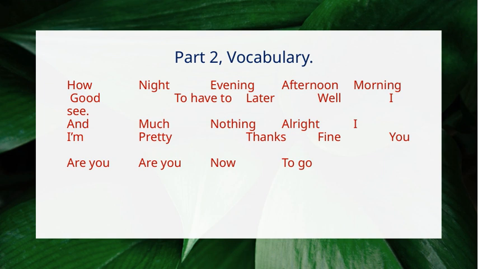Knowing how to use these correctly is crucial for clear communication. You'll also notice phrases like I'm, pretty, thanks, fine, and are you, which are often used in everyday exchanges. For instance, "I'm pretty good" or "thanks, and you?" Finally, there's now and to go, which relate to time and movement, helping us talk about current situations or plans.